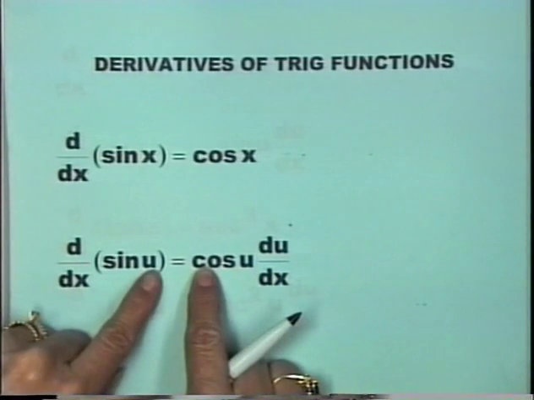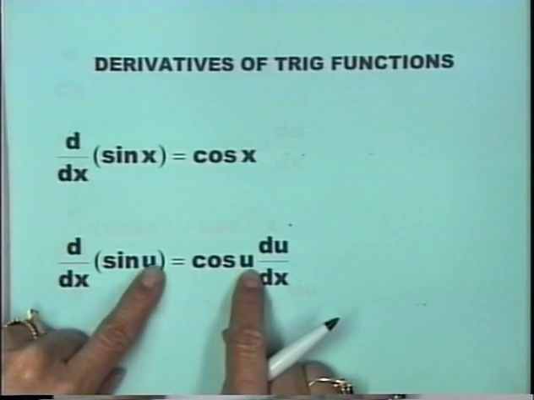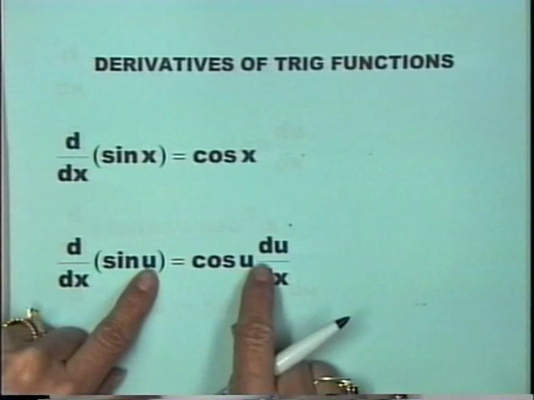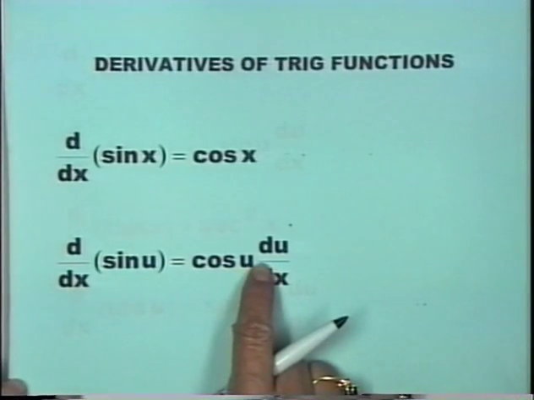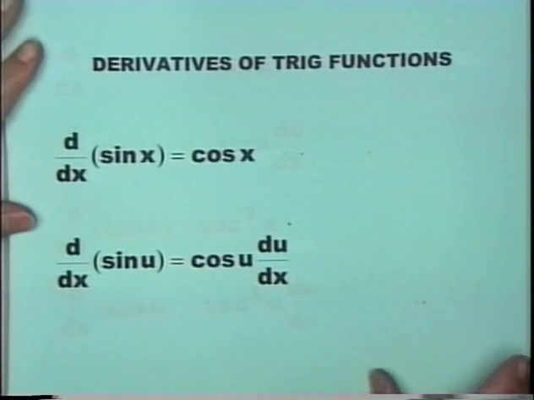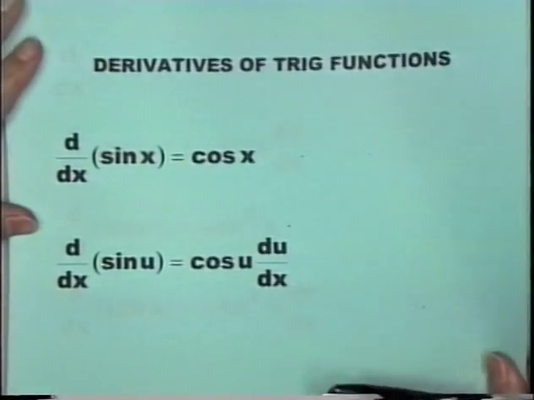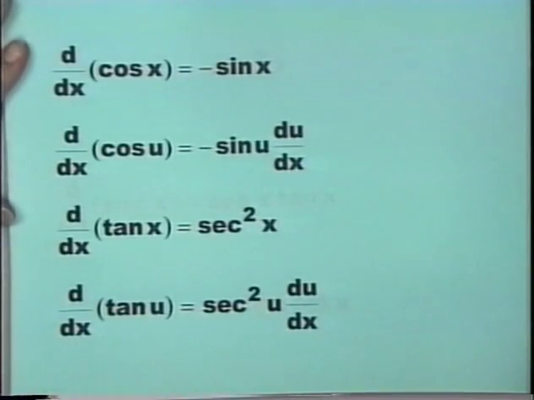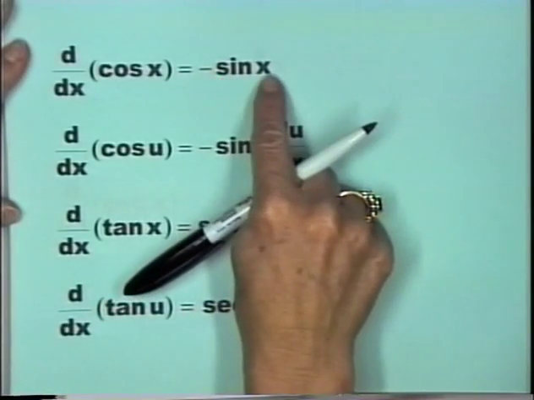And I want to emphasize, notice the u. The argument is the same. Then, if this is not just an x, this is where the chain rule part comes in, and we multiply this cosine u by the derivative of u with respect to x. That's similar to going inside on those power forms. Similarly, the derivative of cosine x we know is negative sine x.